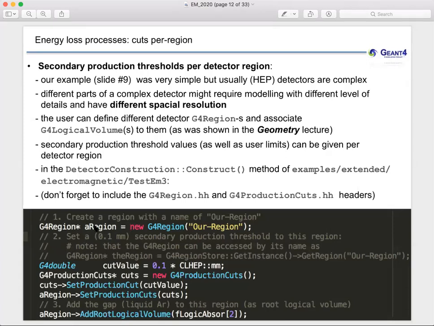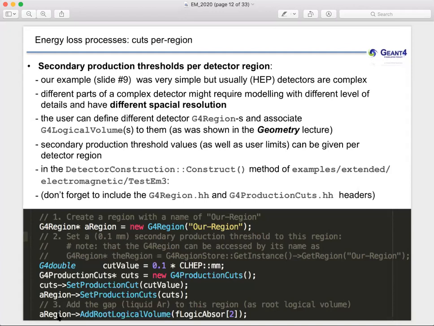Very simple, you just create the region, as I show here in the first line, giving a name. The name will be important because you can refer to the region later. And you just create a production threshold value in length, which is 0.1 millimeter in this case. You create a cut object and you set this value, and you register this cut in the region that you created.